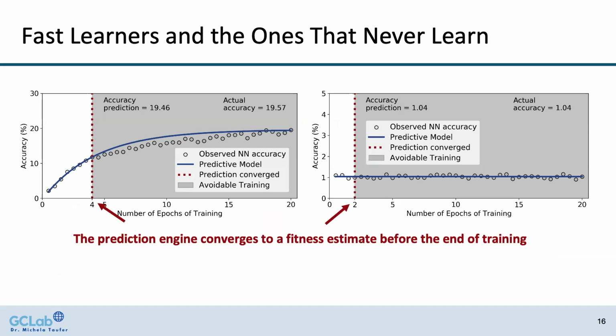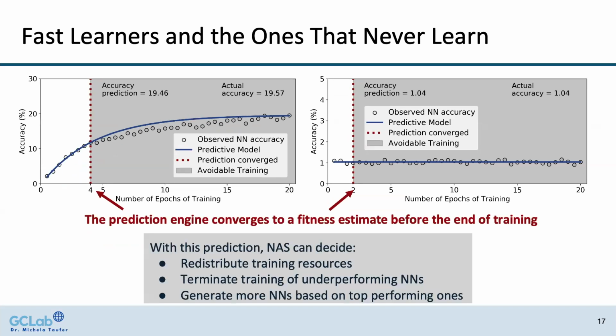In both cases, our predictive engine helps us to estimate when or if the model will converge such that we can stop early if needed. To reiterate, we can decide to terminate the training of underperforming neural networks, or we can even generate more neural networks based on the ones that perform the best.